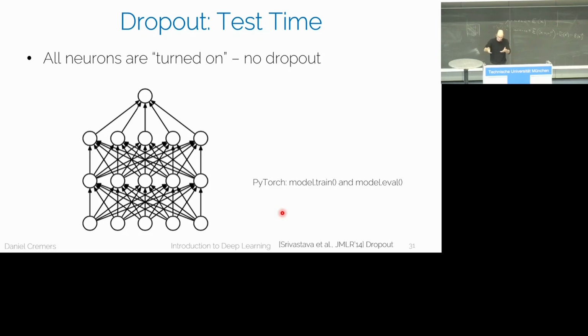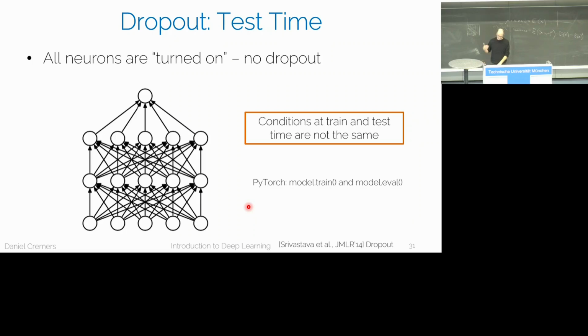If you have twice as many neurons active, then you have to normalize by a factor of 2. And this is important to properly toggle between model train and model eval. If you forget to do that and you use Dropout, then things are not going to work. It's a common mistake in coding that people forget to toggle between eval and train mode.